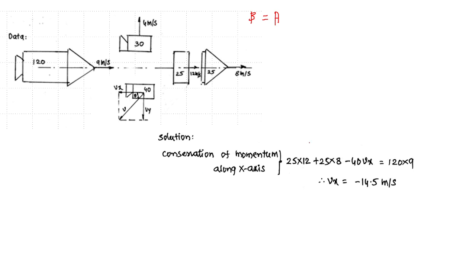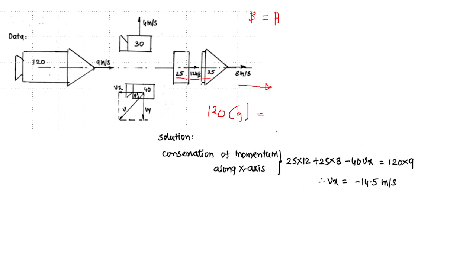So it is just like you have here 120 before, and then you have 9. This one is before the explosion, and then after, we sum up first in the horizontal direction.